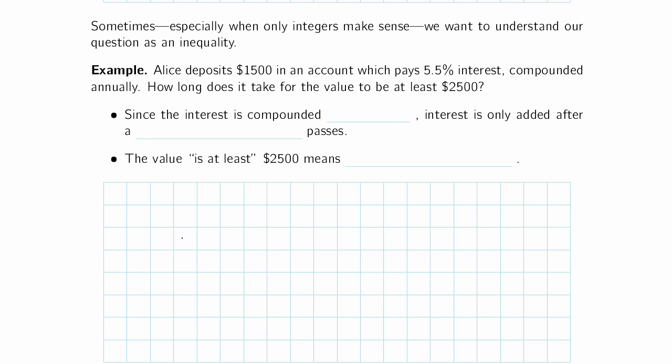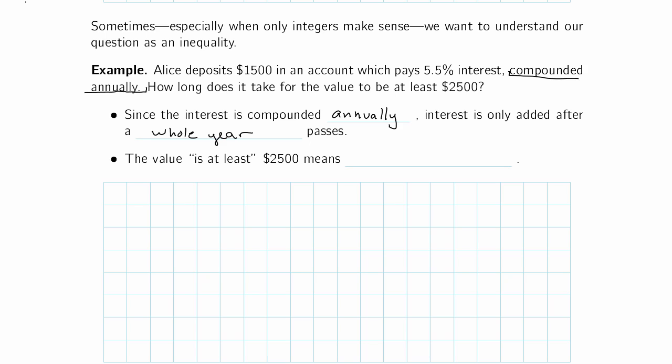So in this problem, Alice is depositing $150,000 in an account that pays 5.5% interest, compounded annually. Since it's compounded annually, interest is only added after a whole year passes, which means that we need to answer with a whole number of years.